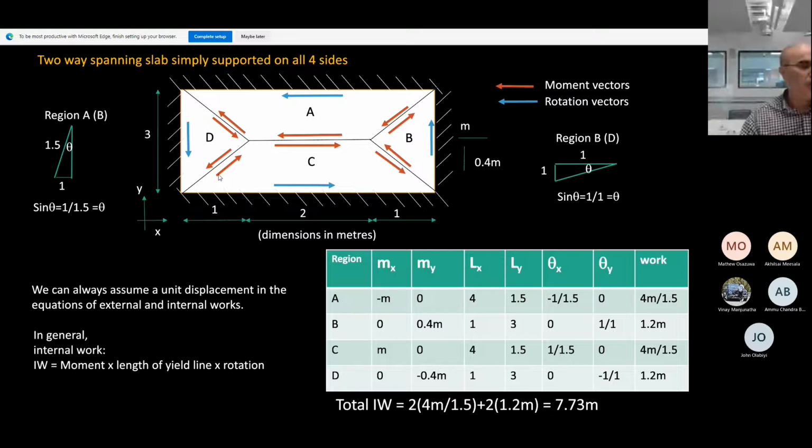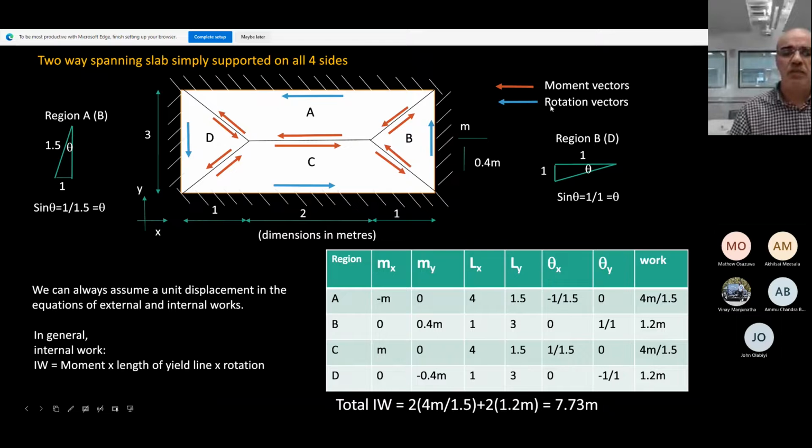Going from left to right, from top to bottom, etc. So there are some features that you can use in the future to save time. Okay, so now I've got the moment vectors in red, and in blue here I've got all the rotation vectors.